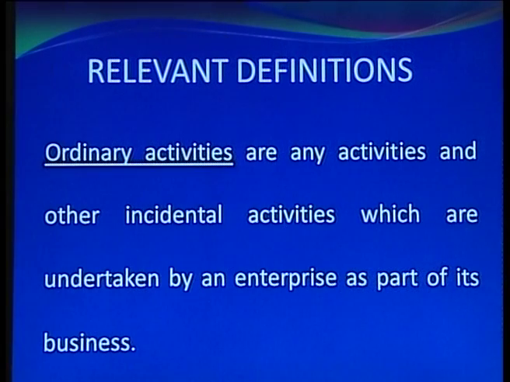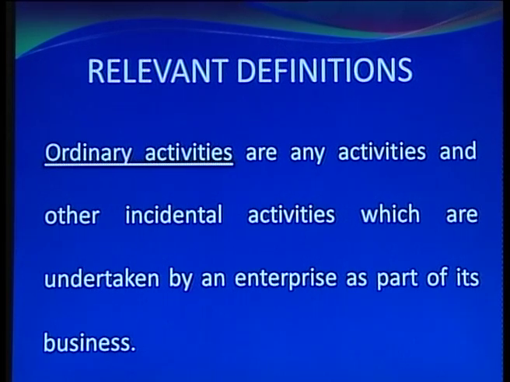So, moving ahead, we shall learn first of all certain definitions which are important under AS 5. First one is ordinary activities. Ordinary activities have to be disclosed as regularly we prepare the balance sheet. Whatever items are necessary for running the business are ordinary activities, and they are incidental activities which are to be taken by an enterprise so that they can run their business.